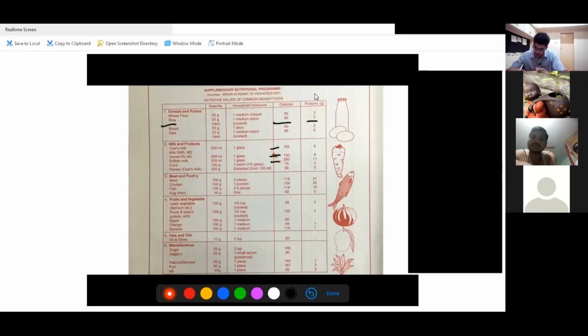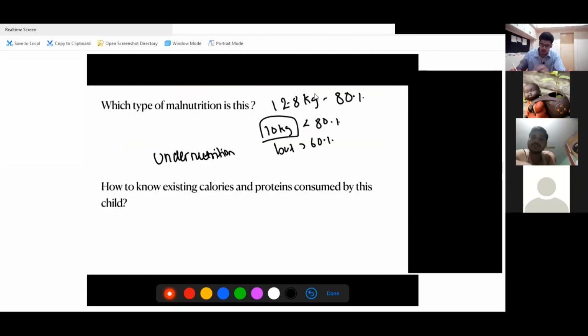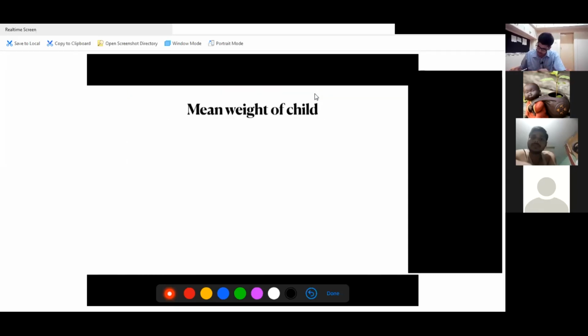Just to make it fast, always remember, if the weight is 10 kilo, the basic thing is that for every 1 kg, the child is eating 100 calories.